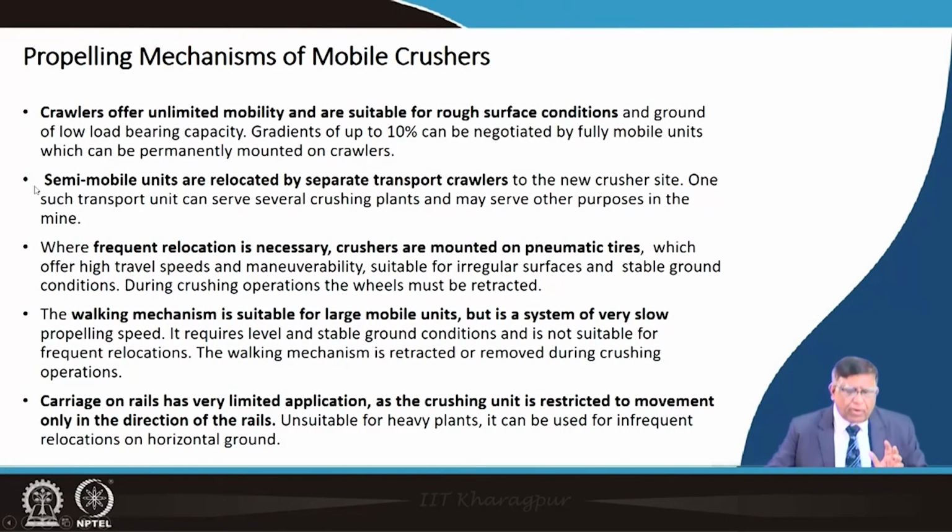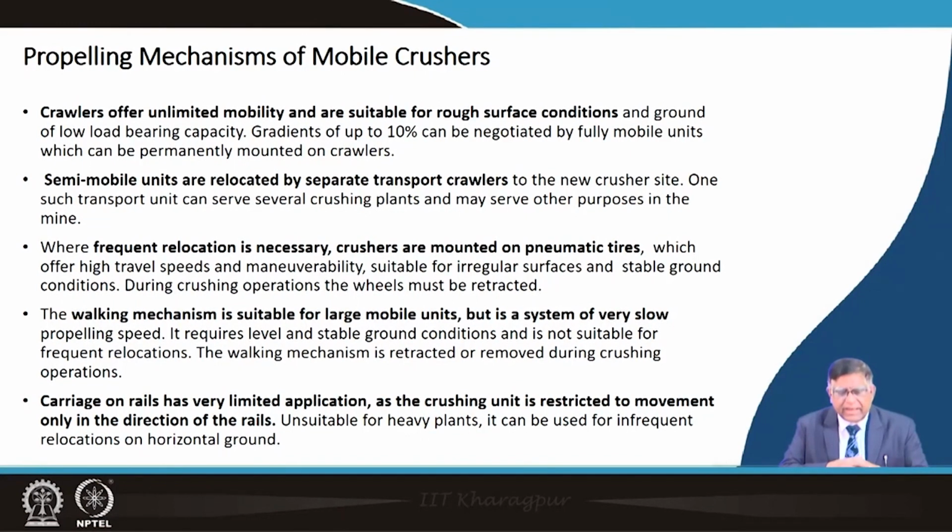So, regarding the propelling mechanism of mobile crushers, crawlers offer unlimited mobility. Wherever you want you can take it, because it is integral to the machine. Semi-mobiles are relocated by separate transport crawlers, so you will have to make those separately. Where frequent relocation is necessary, crushers are mounted on pneumatic tires, which is also possible, but they will be of smaller capacity and have other maintenance problems.